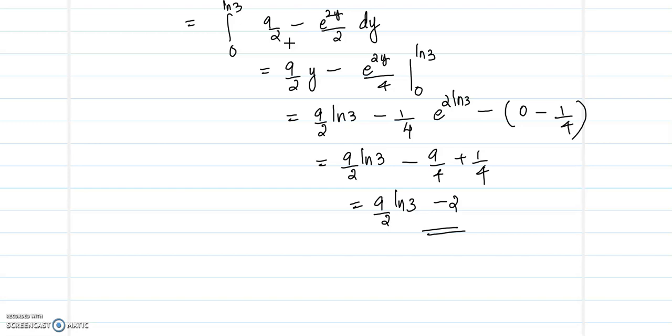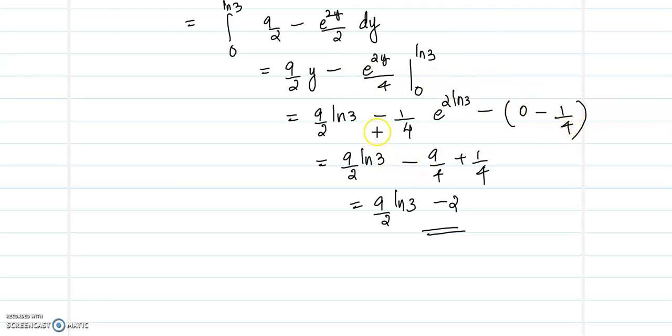Apply the limits from 0 to ln 3. So at ln 3 we'll get 9 by 2 ln 3 minus 1 by 4 e raised to 2 ln 3, minus, at 0, we'll have 0 minus e raised to 0, which is 1, so 1 by 4.